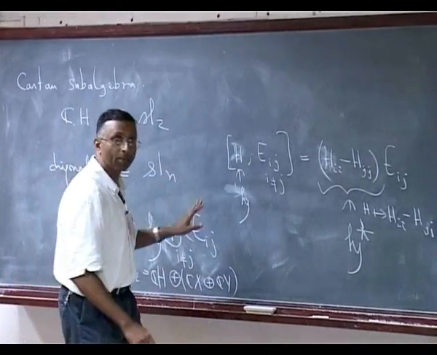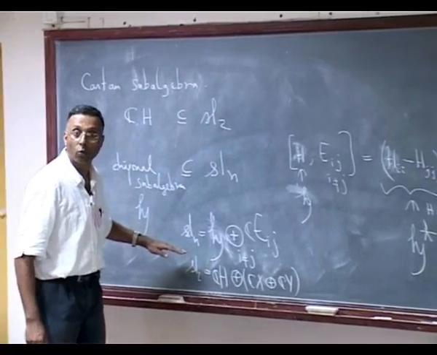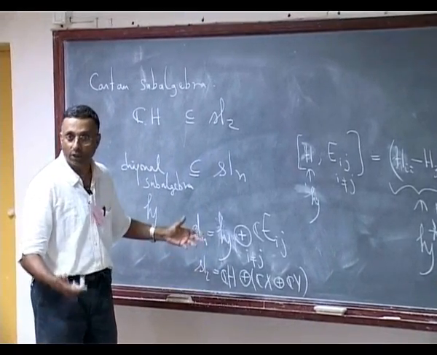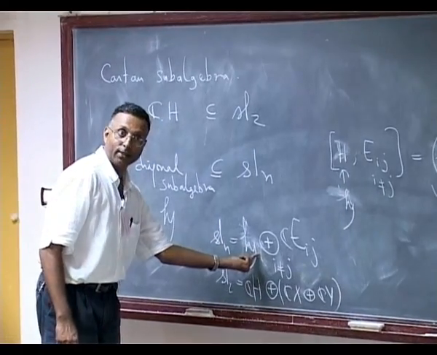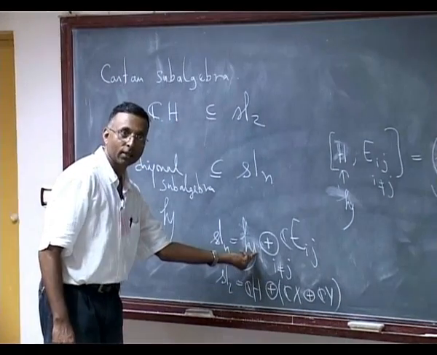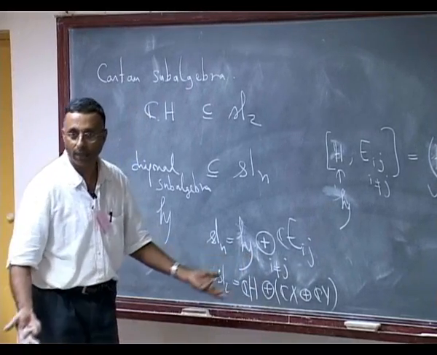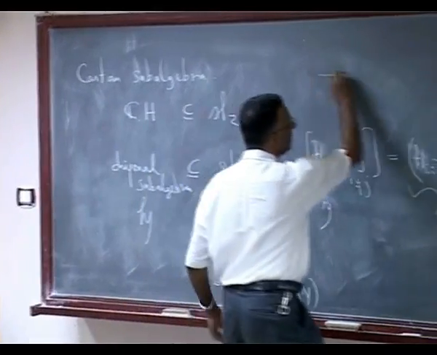Okay? So for example, for SL2, what is the root system? You take the dual of this space. H is a one-dimensional complex vector space. Its dual is also a one-dimensional complex vector space. So I draw a line.